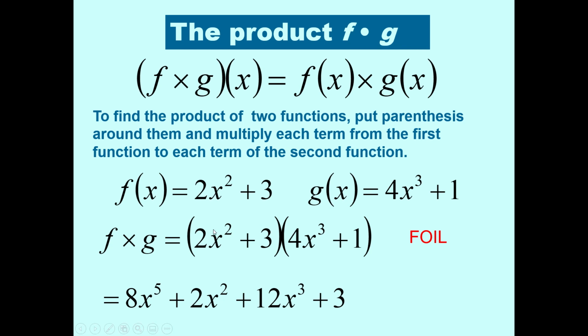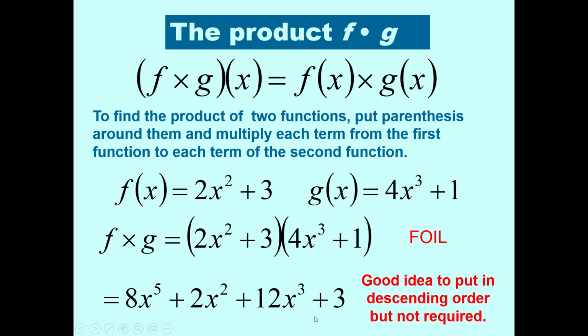Now, if you multiply this one by this one, it is 8x to the power 5. Then you multiply the first term with the other term, this is 2x to the power 2. Then 12x to the power 3 and 3. So there are no like terms.